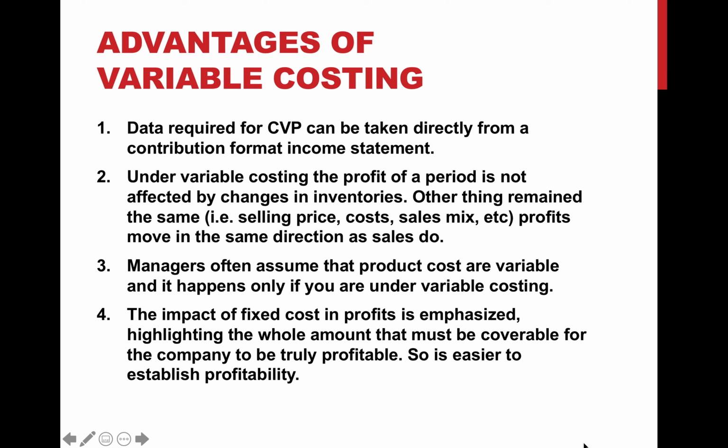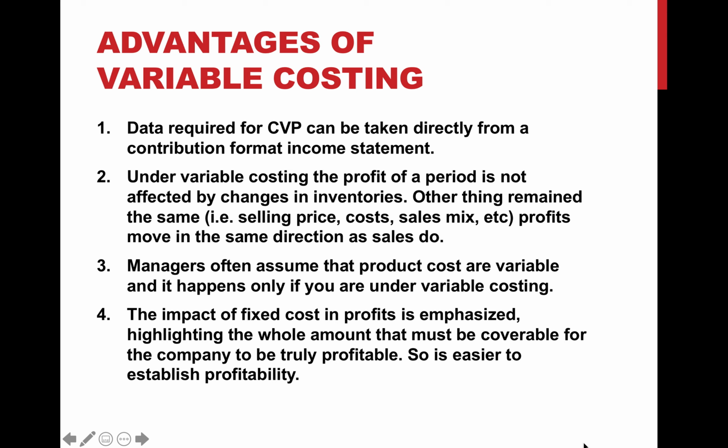Okay, managers often assume that product costs are variable, and that happens only if you are under variable costing. Remember our example of the pizza. People believe that you have a gain when you have subtracted the selling price minus the variable expenses or cost, and it's not, by the way, right?